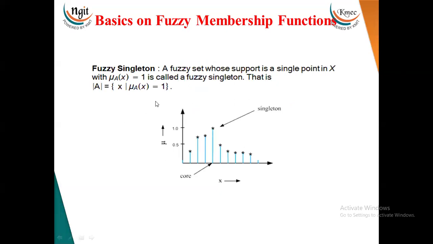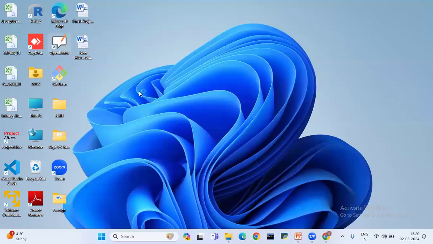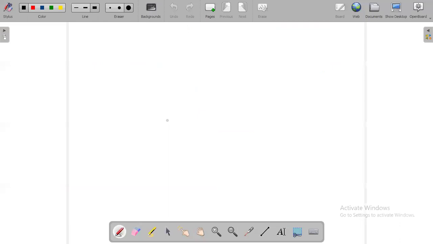Next one is fuzzy singleton. Singleton is just like core. I'll show you the difference, then you can easily understand. First, we start with the core. What is meant by core? Core means you should have the value 1.